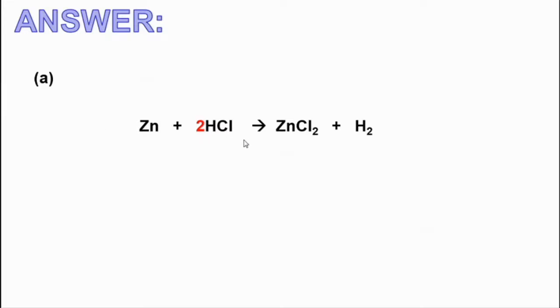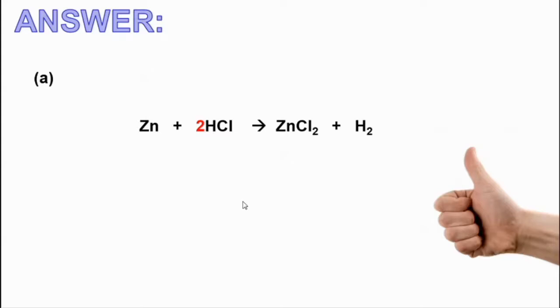Now let's do some inspection on both sides. On the left side we have 1 mole of zinc, on the right side 1 mole of zinc. We have 2 moles of chlorine on each side, and 2 moles of hydrogen on each side. So the equation is balanced.